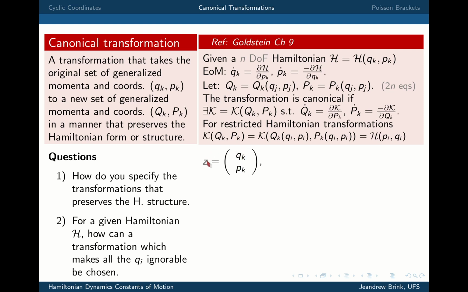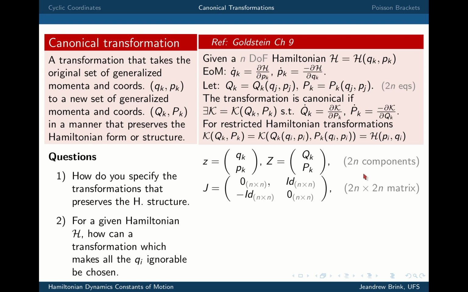So z is going to be a vector where I have all my q's stacked on top of each other, and then when I've run out of my n q's, I'm going to stack all my p's. This big Z represents all the q's and then all the p's stacked on top of each other. And so each of these vectors has 2n components.